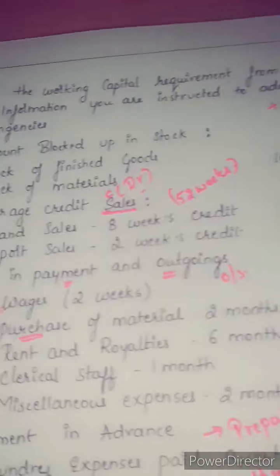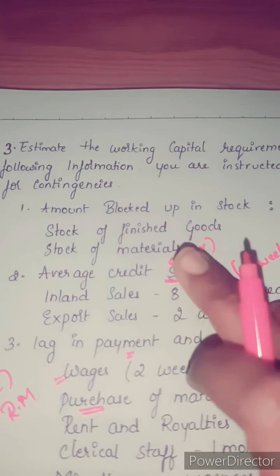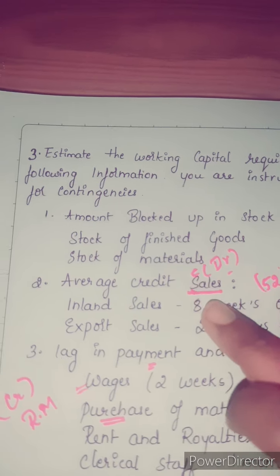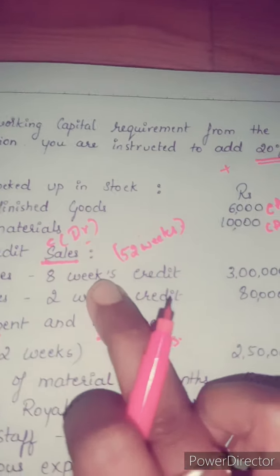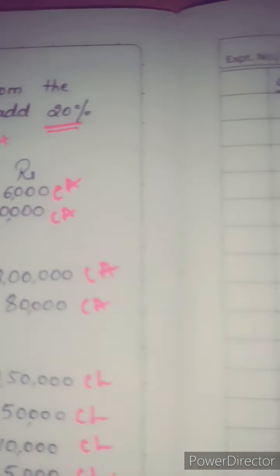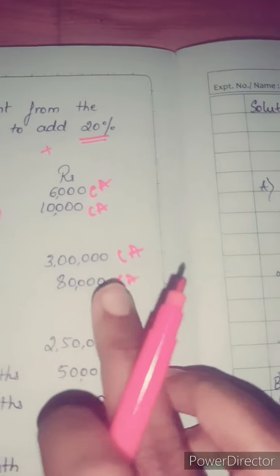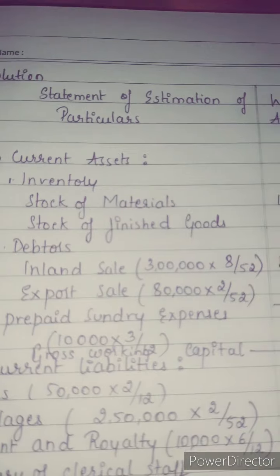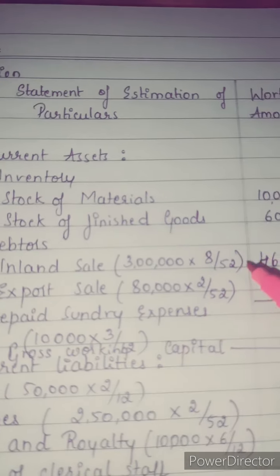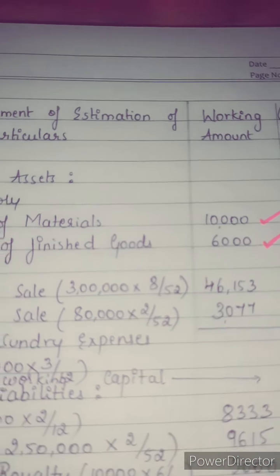Next, debtors, average credit sales. When there is a sale, we consider it as a sale to a consumer. Inland sales are for 8 weeks credit, that is 3 lakh rupees. So inland sale 3 lakh into 8 divided by 52, as it is given in weeks.